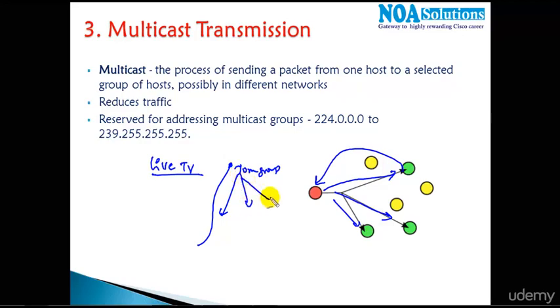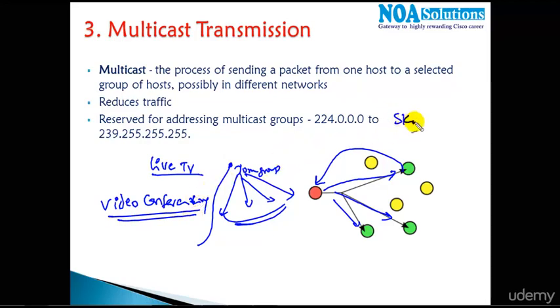Even if multiple users send a request, only those particular users will get that multicast traffic. Or we can do video conferencing where only the set of users can join based on the request. Or if you use Skype or any other applications, they use some multicast traffic in the backend to support, to enable, to identify this kind of traffic.